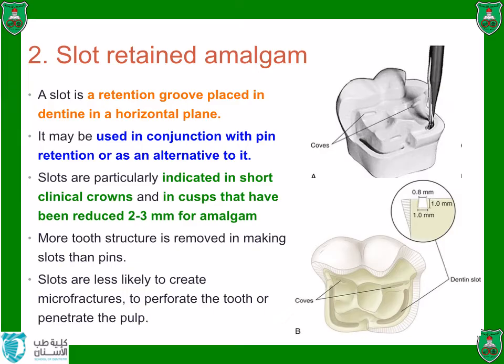So if we don't have this 6 millimeter space to place a pin, it's better not to use pins. In this case, we will use slots. So in a short clinical crown where we can't offer 6 millimeters of space for placing a pin, we should use a slot retention groove rather than pins.